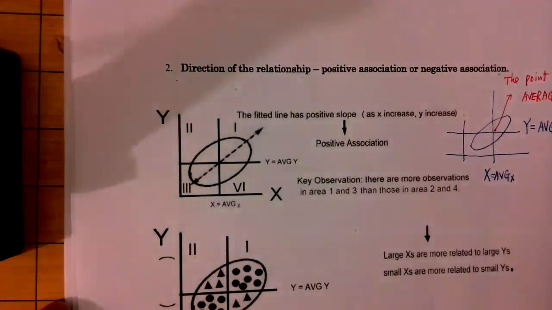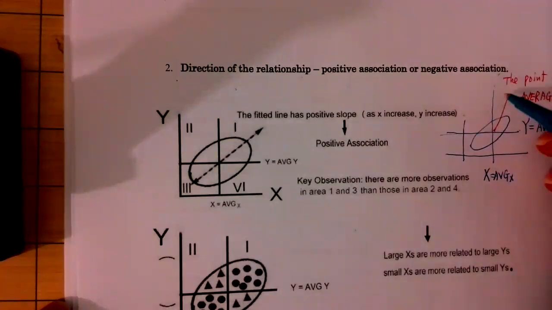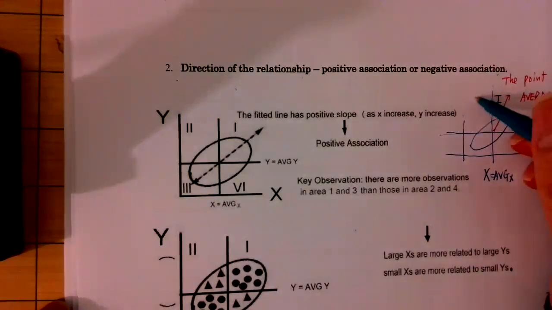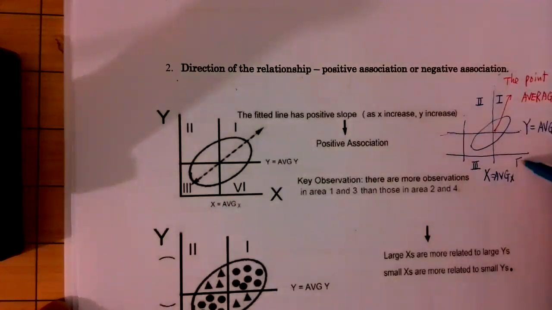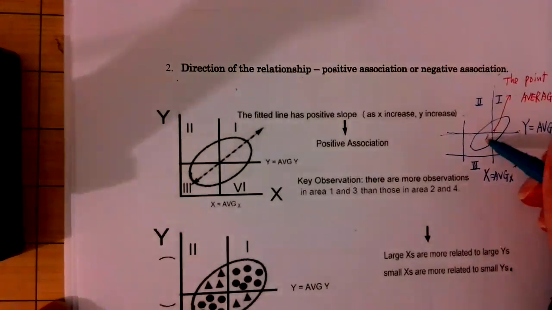Okay. This vertical line and this horizontal line will divide the football-shaped scatter plot into 4 different areas: 1, 2, 3, and 4.